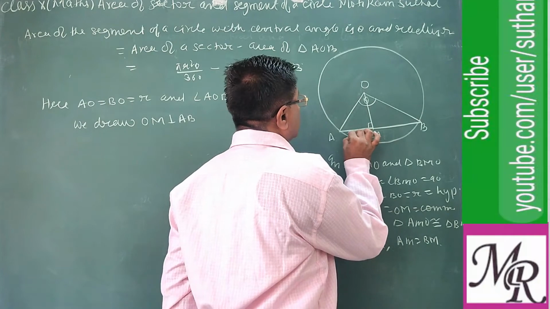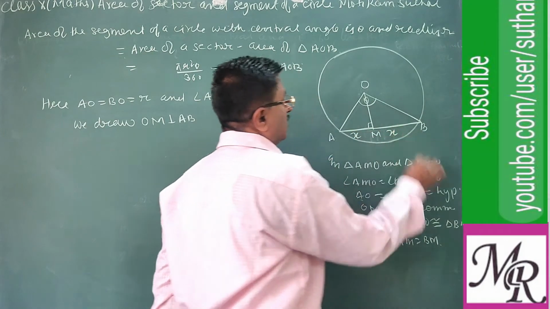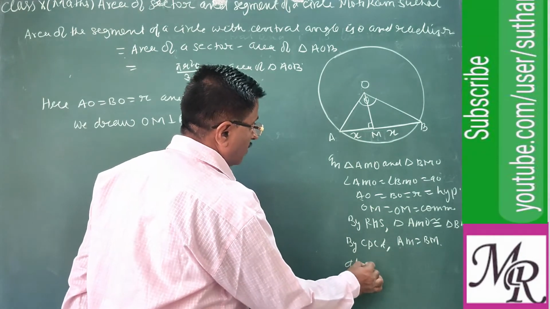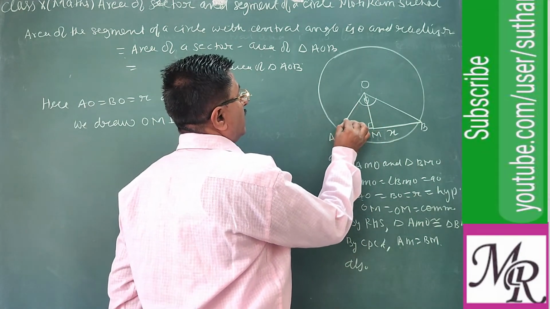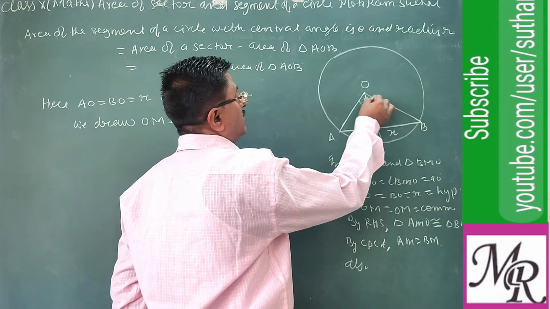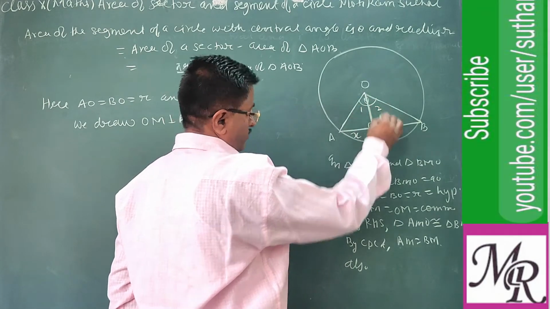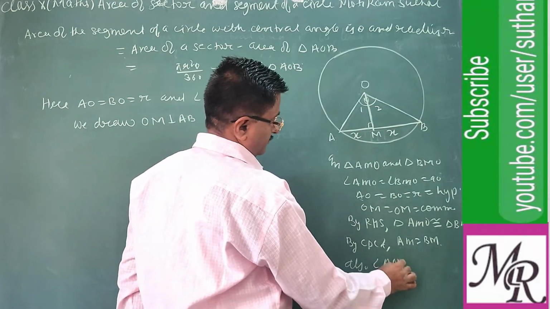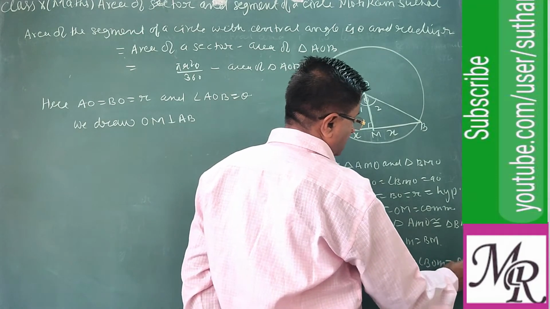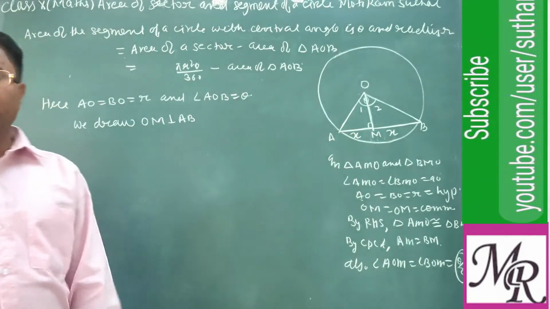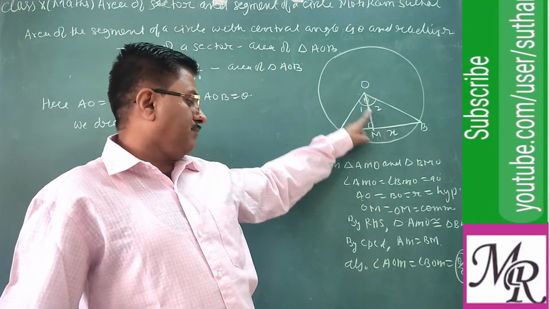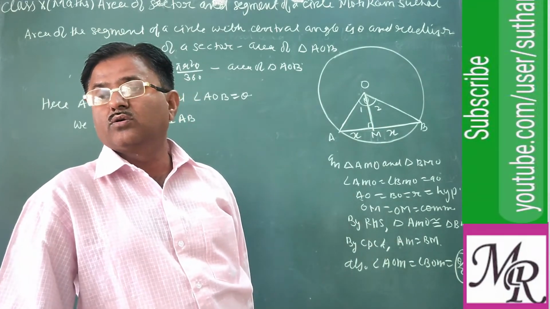If we suppose this is X, then this is also X. Also, angle AOM and angle BOM are both equal, and each is half of the central angle. We are considering the central angle as theta, so it is theta by 2.